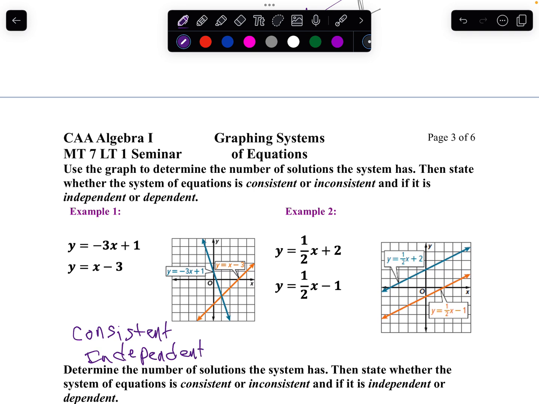This one does not have an answer, so it's inconsistent on example 2. And we're going to say it's independent because we have 2 different lines, but inconsistent pretty much tells you that, but we'll write it that way because I think that's what your textbook wants.